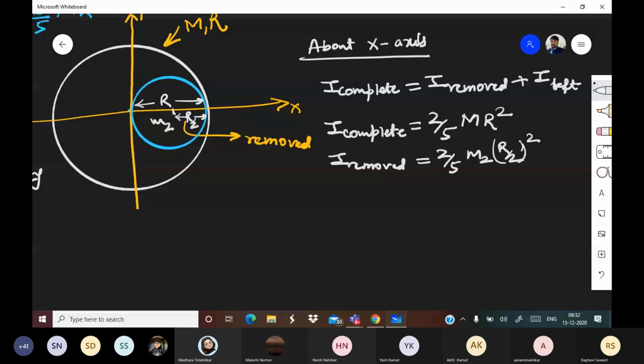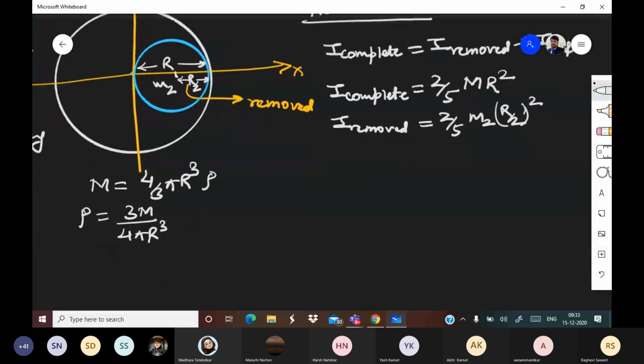So now how much is M2? Let us see that. Pay attention, everyone. This capital M is nothing but 4 by 3 pi capital R cube into rho. Correct? Because mass is equal to density into volume. So rho comes out to be 3M upon 4 pi R cube. That is density of the complete sphere.